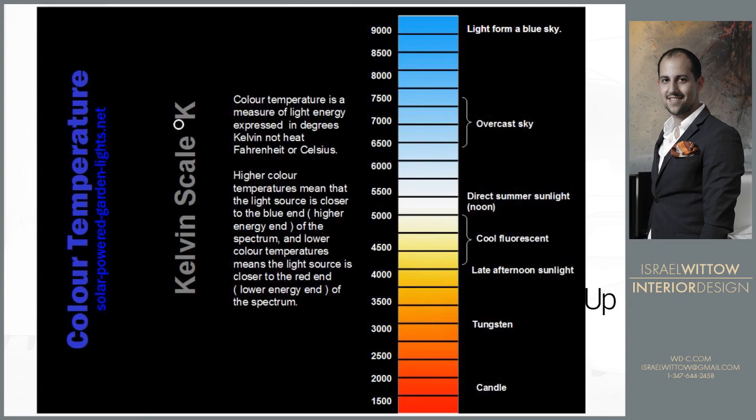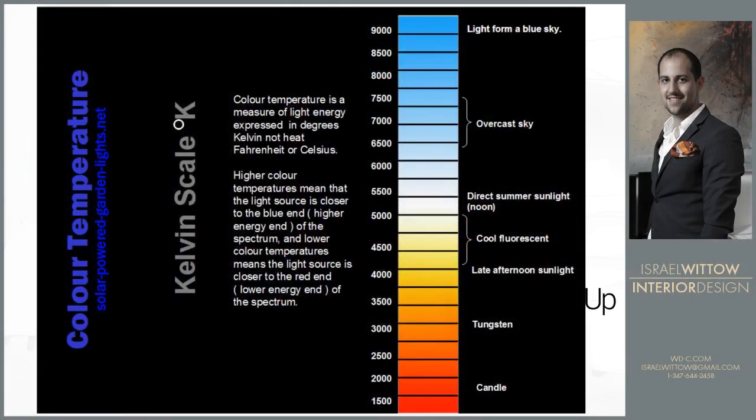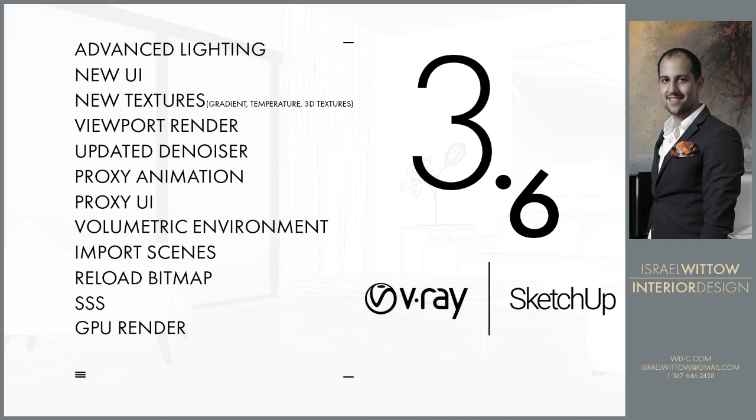Okay, so back to, we're moving pretty fast. We are now on, we did the materials, and we have the 3D texture. So basically the way they did the materials now, and that's all the mapping.